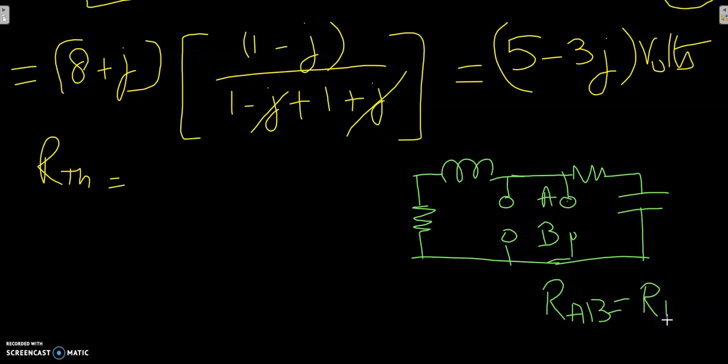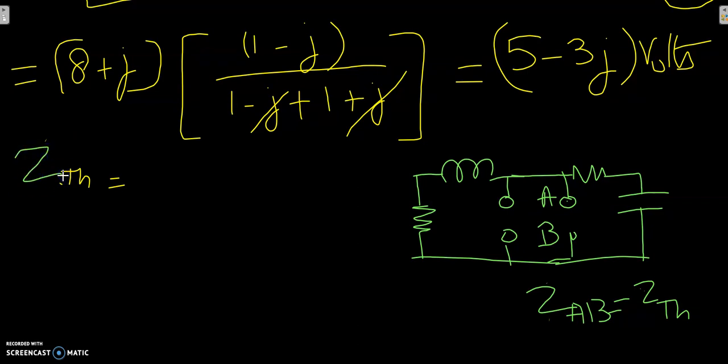Actually I should write Z, I'm sorry, ZAB because it is not a pure resistor. We have got other elements also, so basically it should be ZTH.